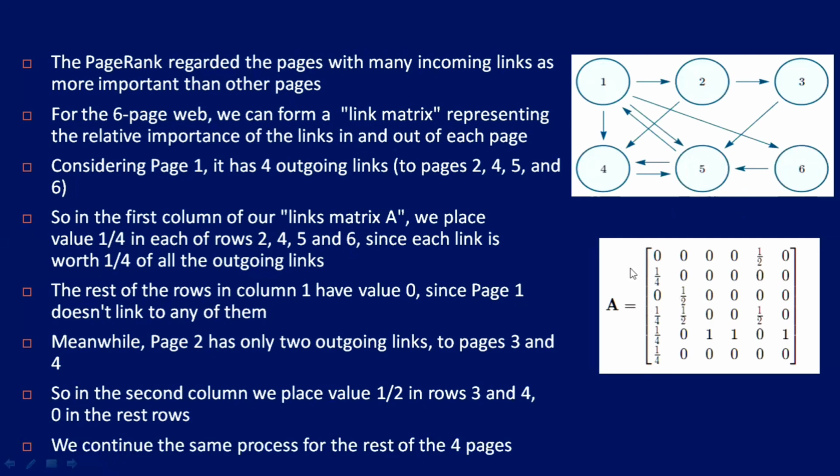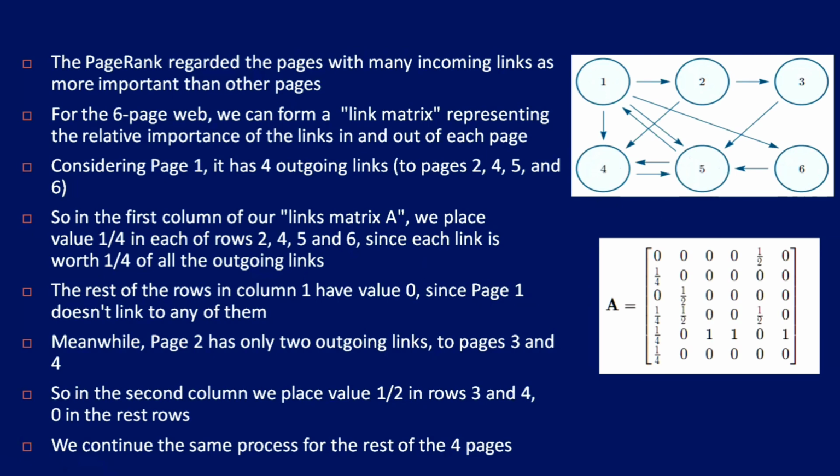So in the first row, the 5th entry, we write 1/2. Here 1/4, 1/2. These are the linked matrix, and we make it with the help of these points. We explain it very deeply, in more detail.